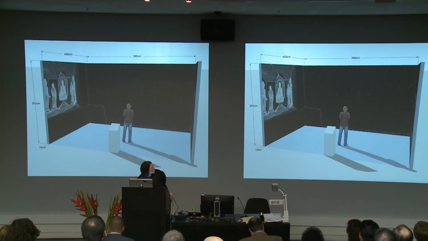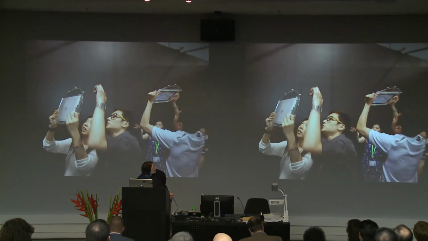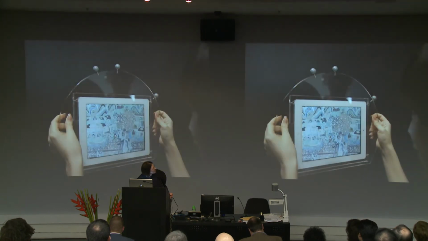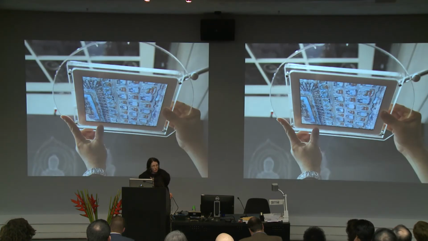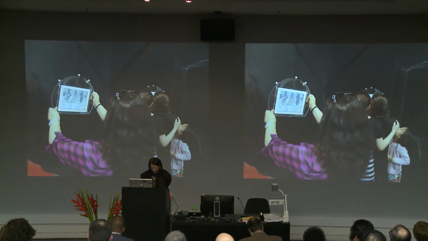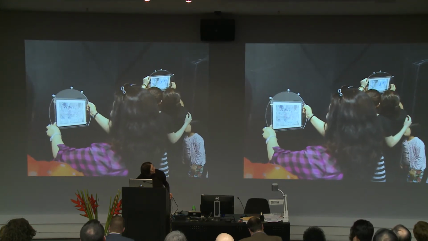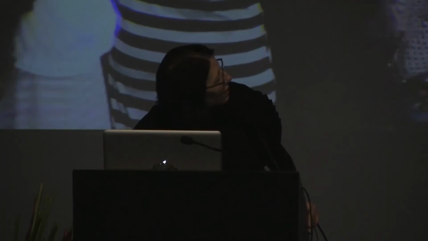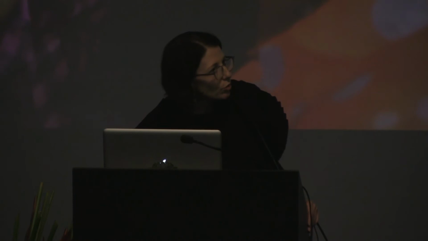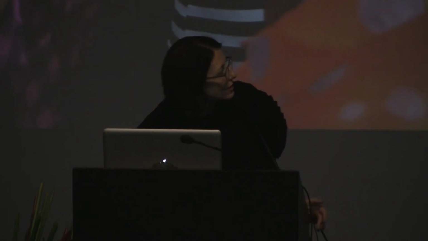Once again, a one-to-one scale of the cave. 2 iPads. When you walk into the cave wall, it's one-to-one scale. You can look at the ceiling, which you can't do in the other system. You're navigating a virtual model and the real world at one-to-one scale simultaneously.